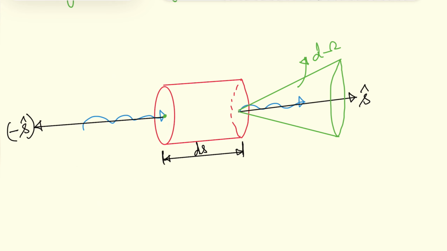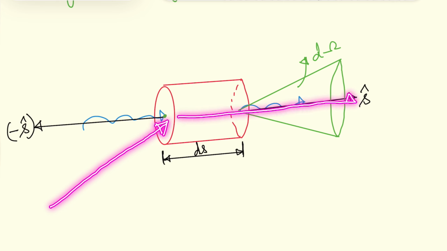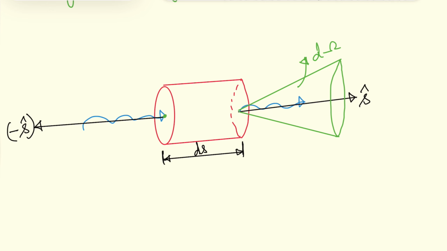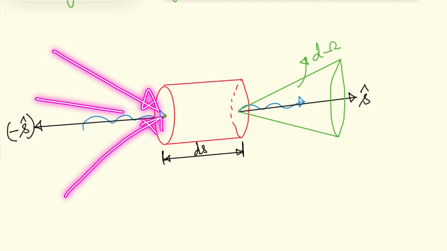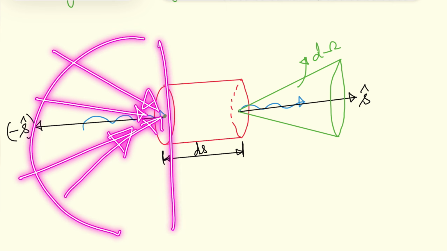In-scattering means how much energy is coming from elsewhere and being scattered in this direction, that coincides with the direction of the travelling radiation ray. So I have to integrate all these contributions from all these directions throughout this hemisphere.